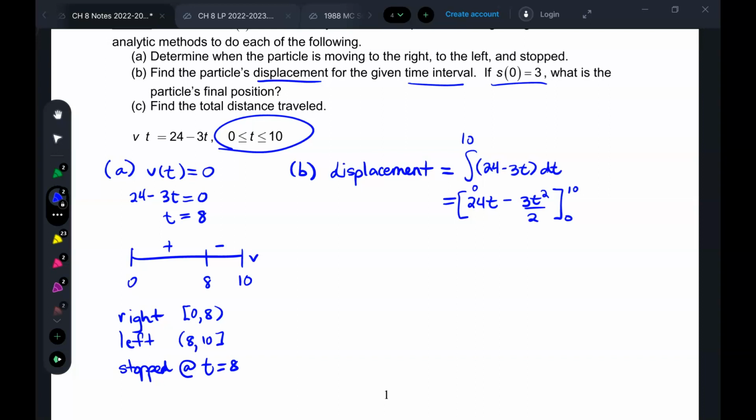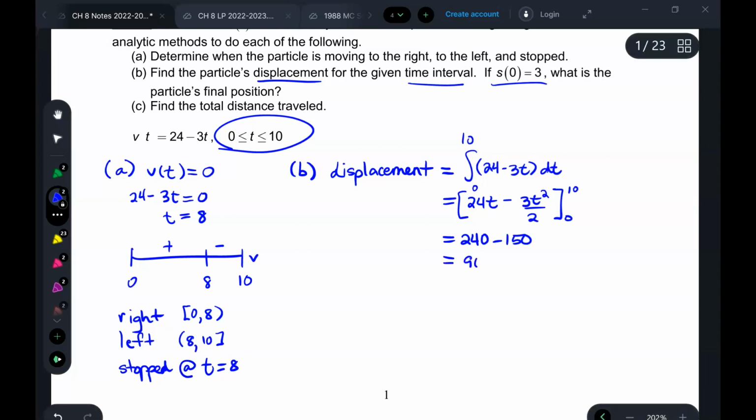We might want to have a calculator handy. I forgot to mention that. So what do we get? 240 minus 300 over 2, so 150. And we get? You said 90. Somebody said 90. Okay, it is 90.